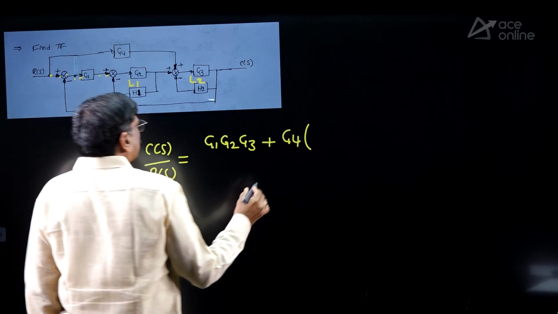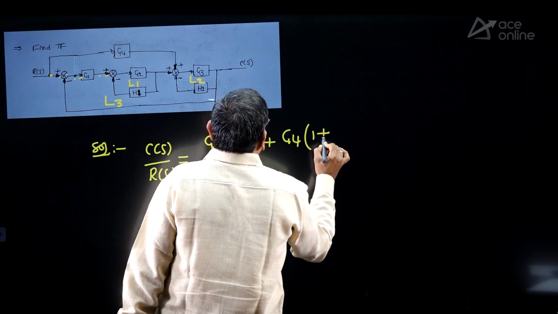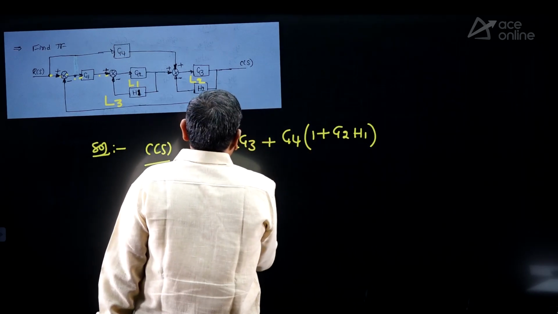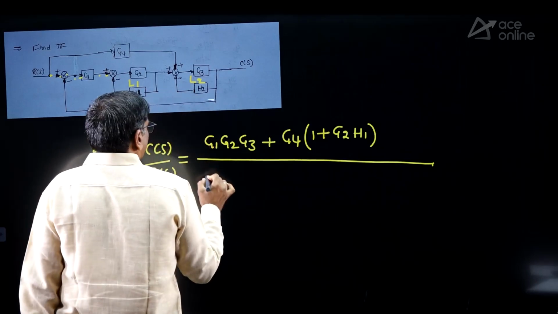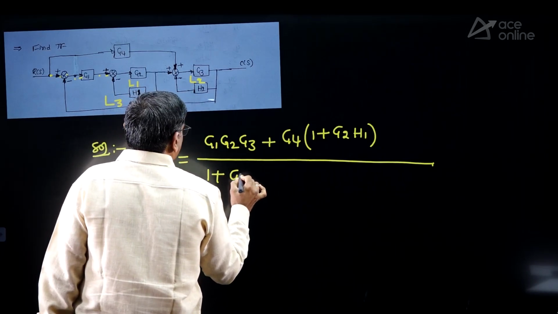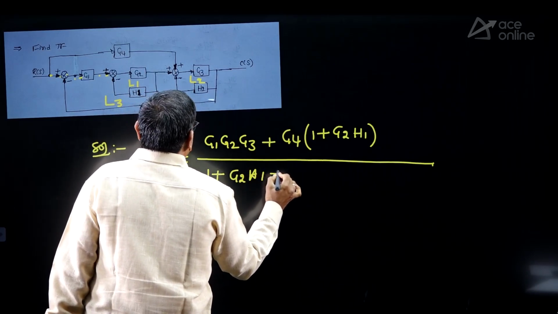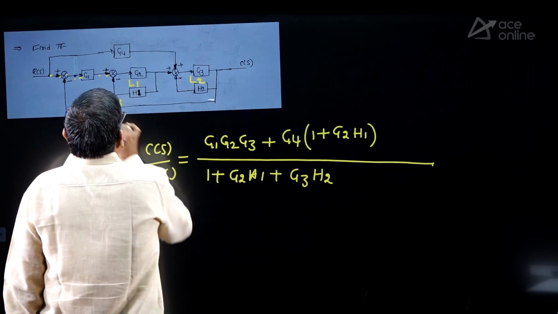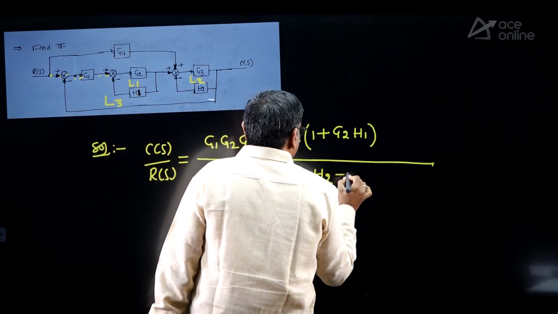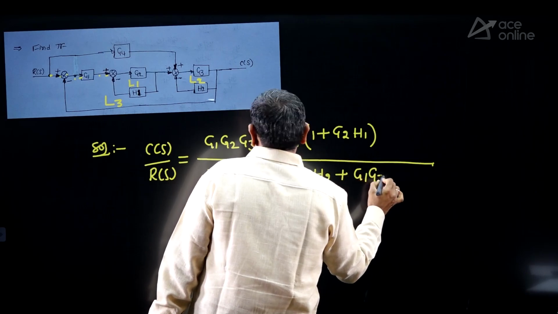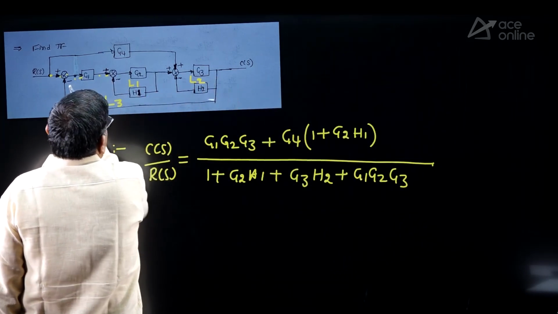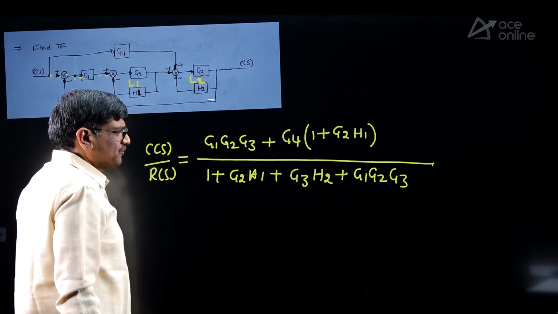So I should write 1 plus G2H1, divided by delta, where you write all the loops: 1 plus G2H1 plus G3H2, plus the third loop G1, G2, G3.